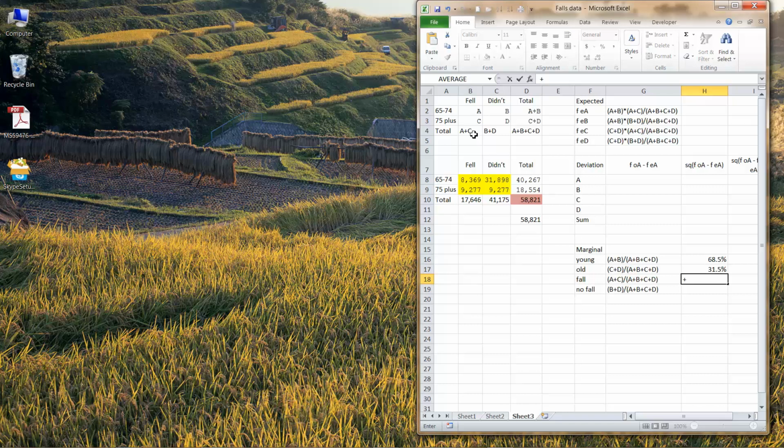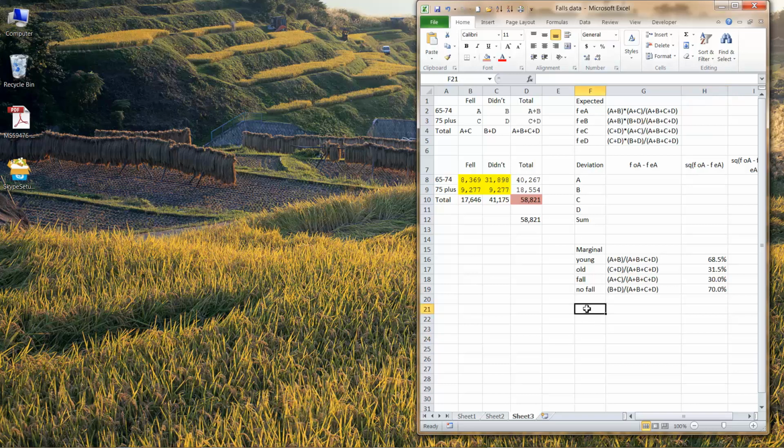Probability of a fall, falls divided by total. So the probability of a fall is 30%. And probability of no fall, didn't fall over the total, that's 70%. So those give us our marginal probabilities. So we just took our margins and divided by the total for our marginal probabilities.